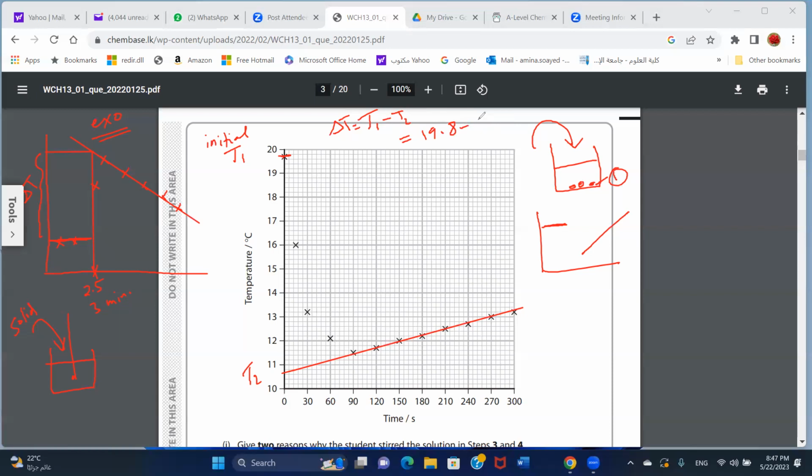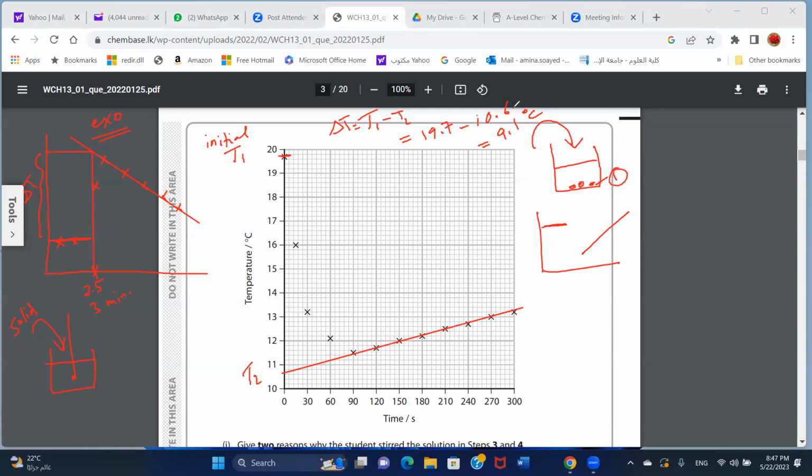Is it 19.8 or 19.7? 19.7. Okay, so 19.7 minus 10.6, and you get 9.1 degrees Celsius. So this is an endothermic reaction, not an exothermic one. That's why the curve is the opposite.